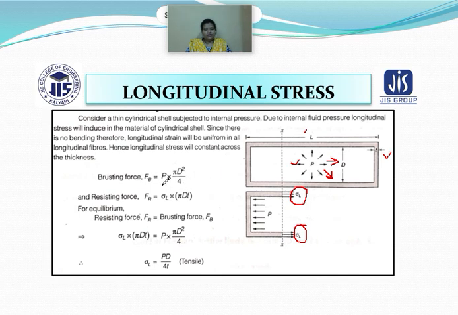Again the same: pressure into projected area. What is the projected area? The diameter D is given, so it is pi by 4 into D square. So the bursting force FB is equal to P into pi by 4 into D square.